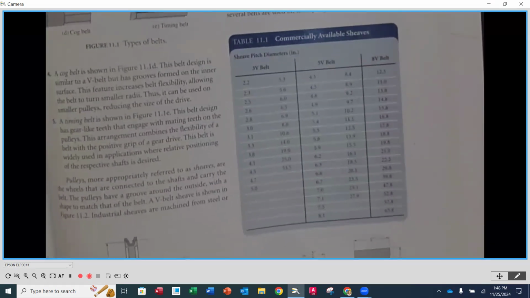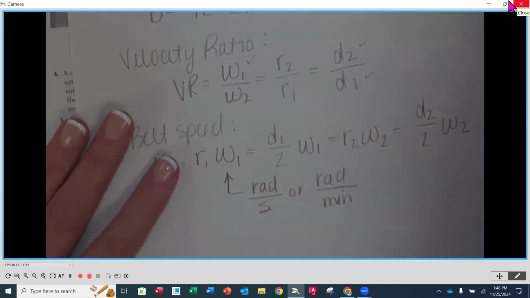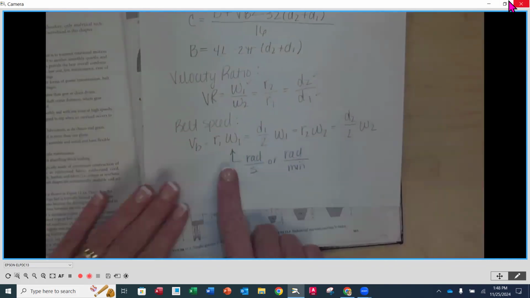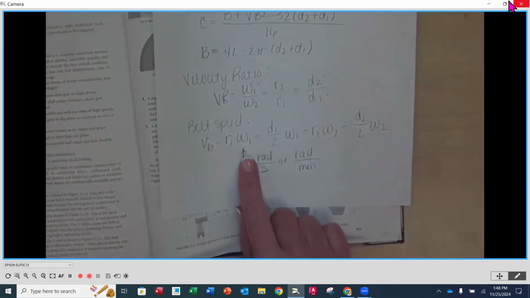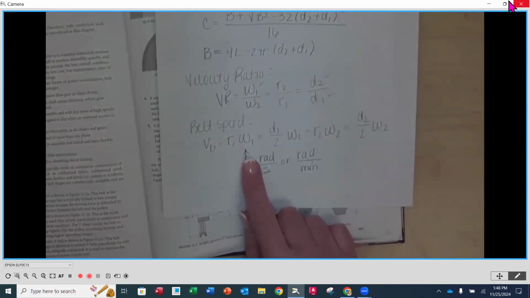So if you recall, on our equation sheet here, we do have a condition of our belt speed needing to be between 4,000 and 5,000 feet per minute, right? And we know our rotational speed of our motor or our input, right?